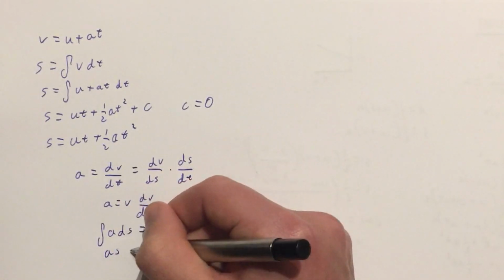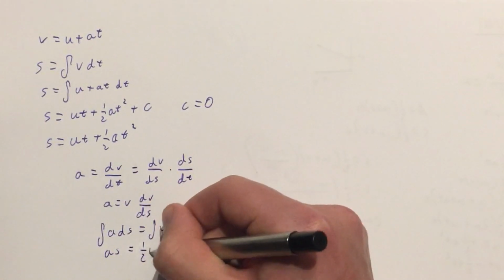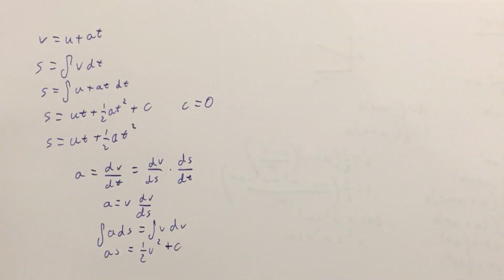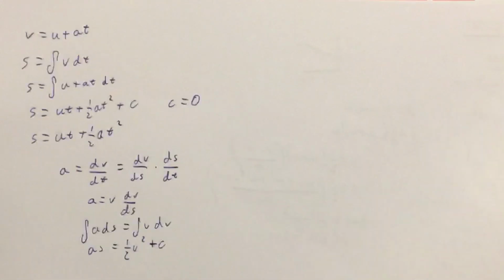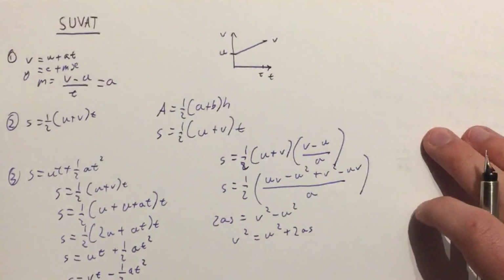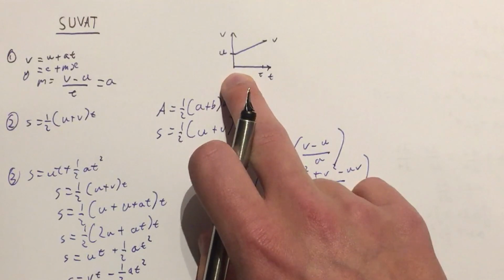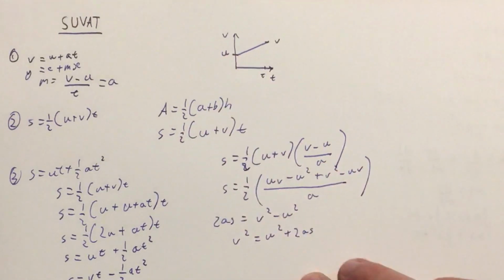Therefore we get as equals a half v squared plus c. We also know from our velocity time graph that when the displacement is 0, v is equal to u, which is shown here. When it's travelled no distance, the time is 0, and so v is equal to u.